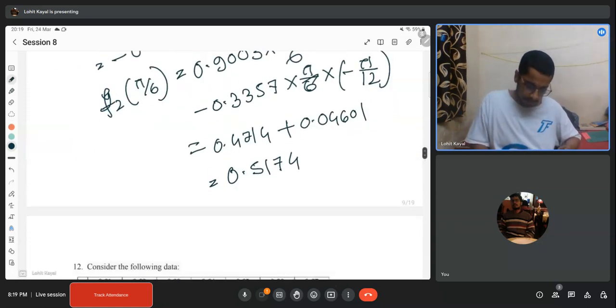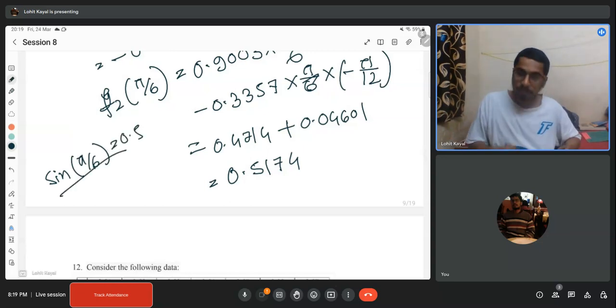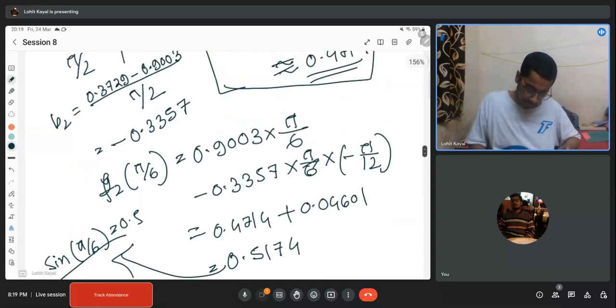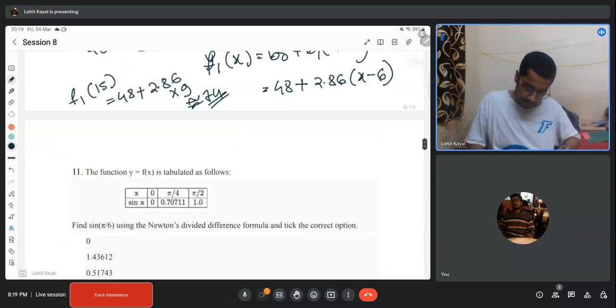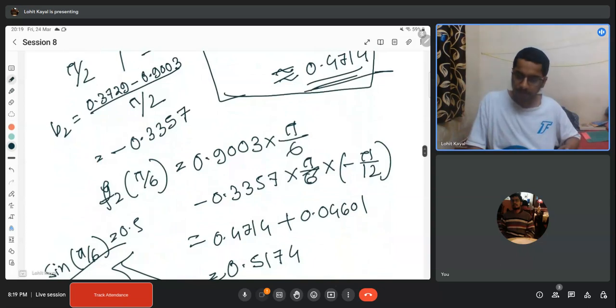Now sine pi by 6 is equal to 0.5, and you can see, if you calculate the error, this is much closer to 0.5 compared to the linear interpolation result 0.4714. So if you increase your order of interpolation up to some limit, the value will be more and more accurate.